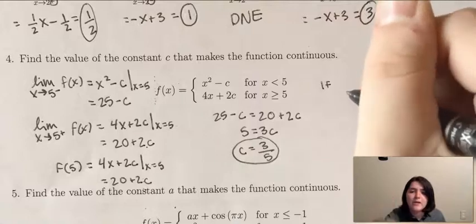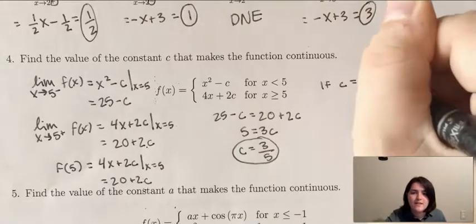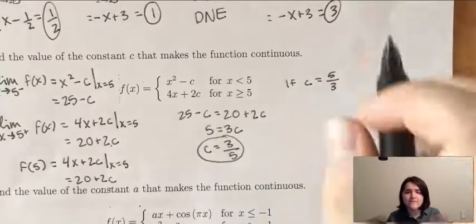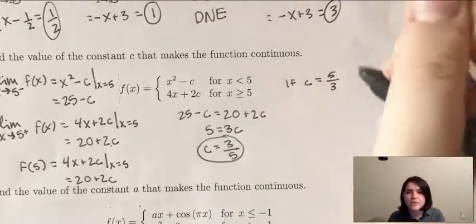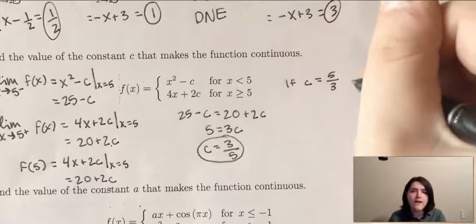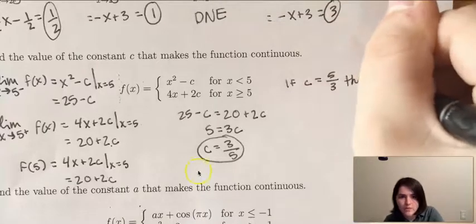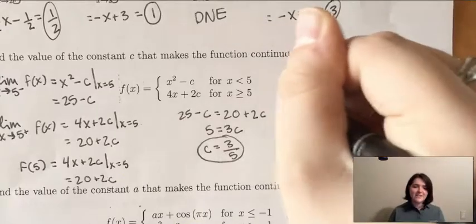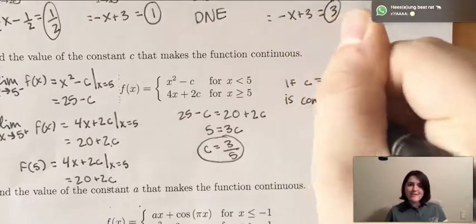And then right here, we're going to write our sentence. This is the sentence you'll write for any of these problems, and it's pretty formulaic, as long as you know the numbers you've just created for the answer.